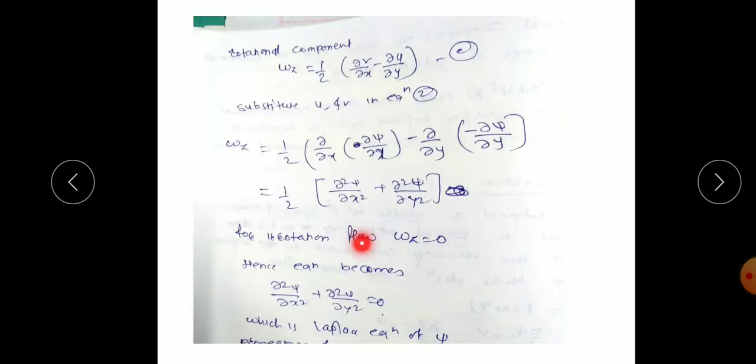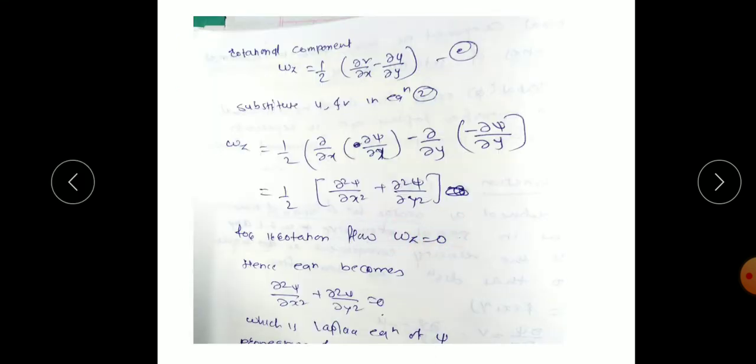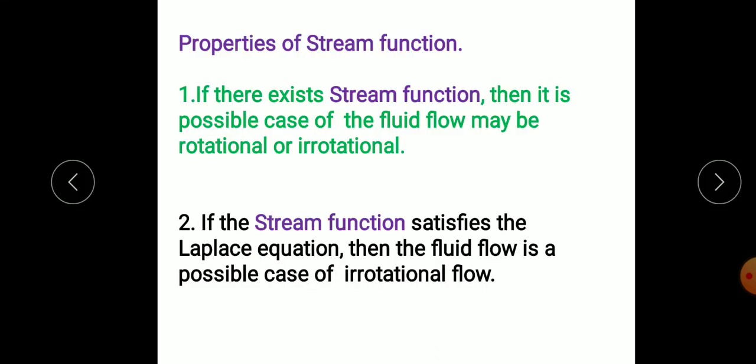Now if omega is 0, this Laplace equation is 0. Means the stream function satisfies the Laplace equation, then the fluid is a possible case of irrotational flow, because omega is 0. So like the potential function, the stream function, if it exists, may be a possible type of flow.